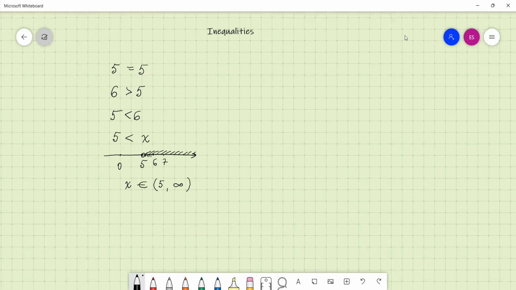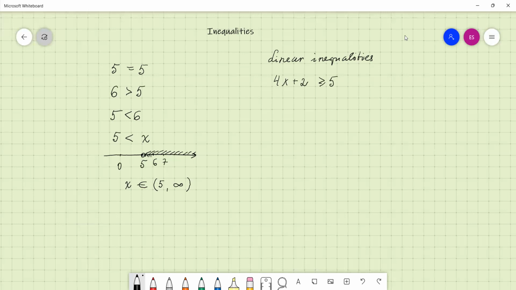Now let's try to solve something a little bit more complicated. More complicated, I mean, we're going to deal with linear inequalities. What are linear inequalities? Well, they look like linear equations. For example, 4x plus 2 greater than or equal to 5. Looks like I like the number 5, right?